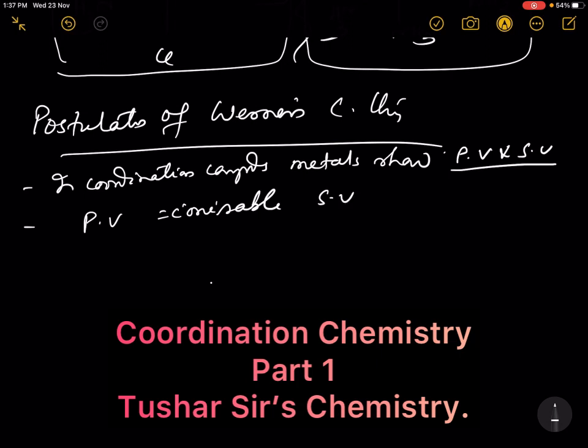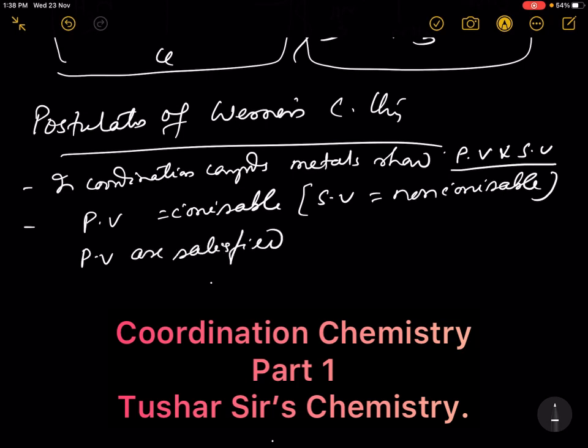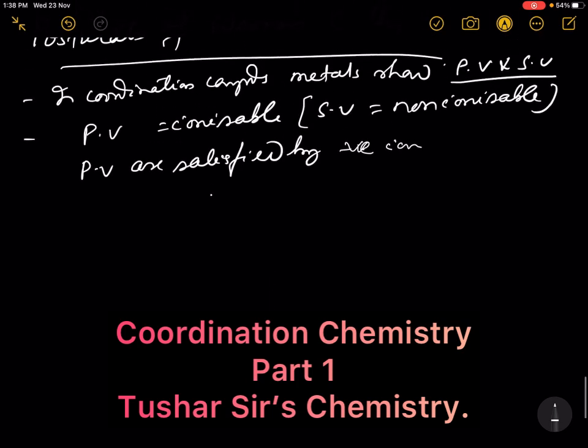Secondary valences are non-ionizable. Primary valences are satisfied by negative ions. You see CoCl3, this is a negative ion, and the primary valency of cobalt is equal to 3, satisfied by negative ions.